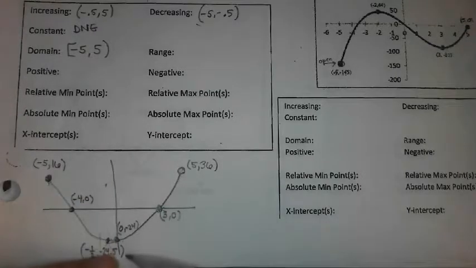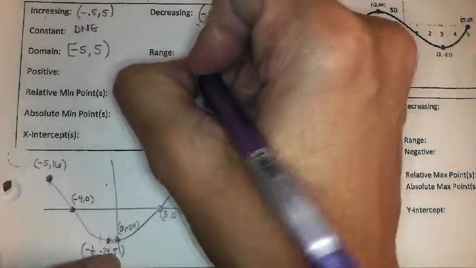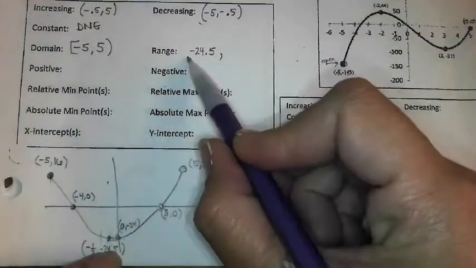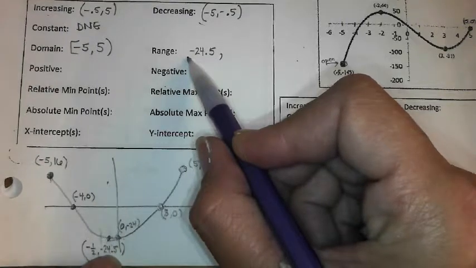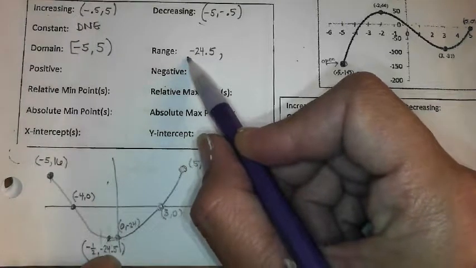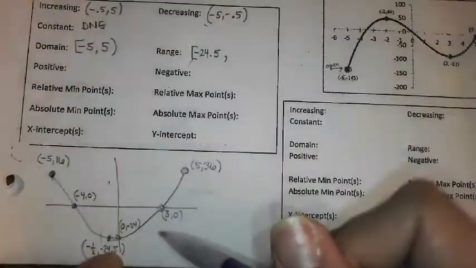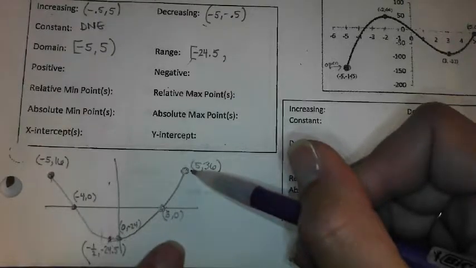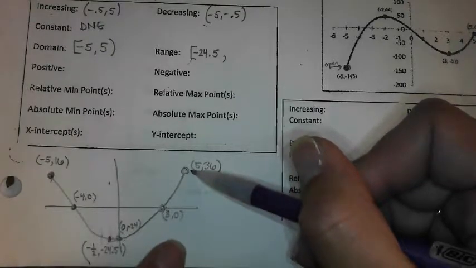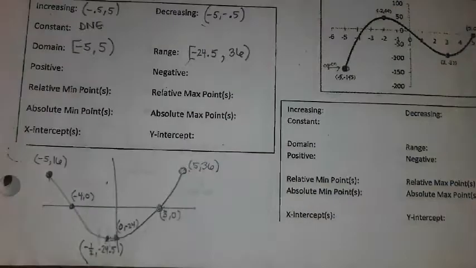The lowest y coordinate is -24.5. Is that point included? Should we use a parenthesis or a bracket on there? Is that point actually reached? Yes. Okay, it's a solid point down there. Up until 36, is that point actually reached? No, because it's an open circle. So that would be 36 with a parenthesis.